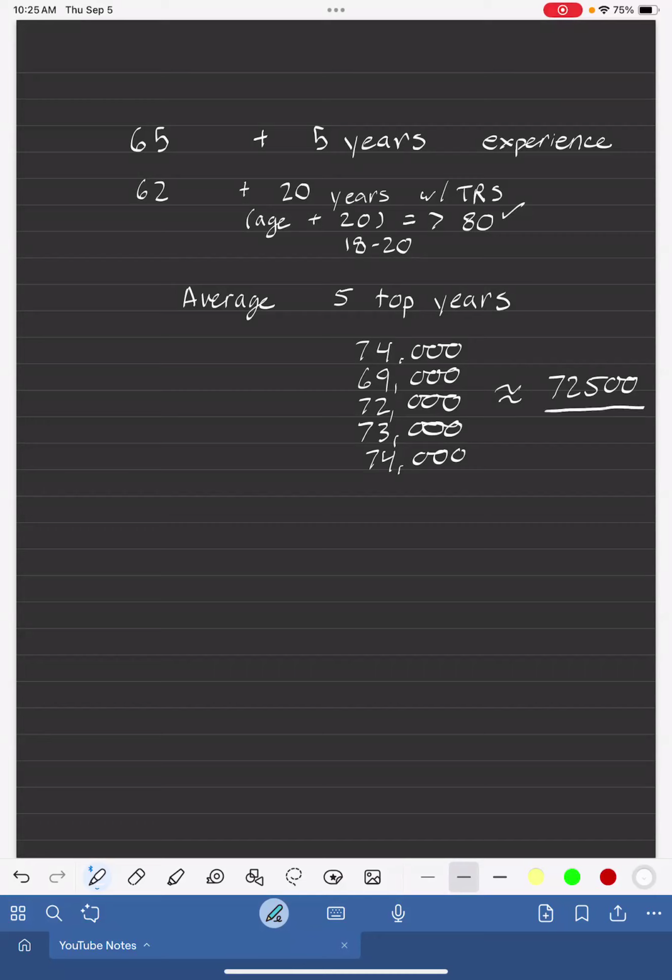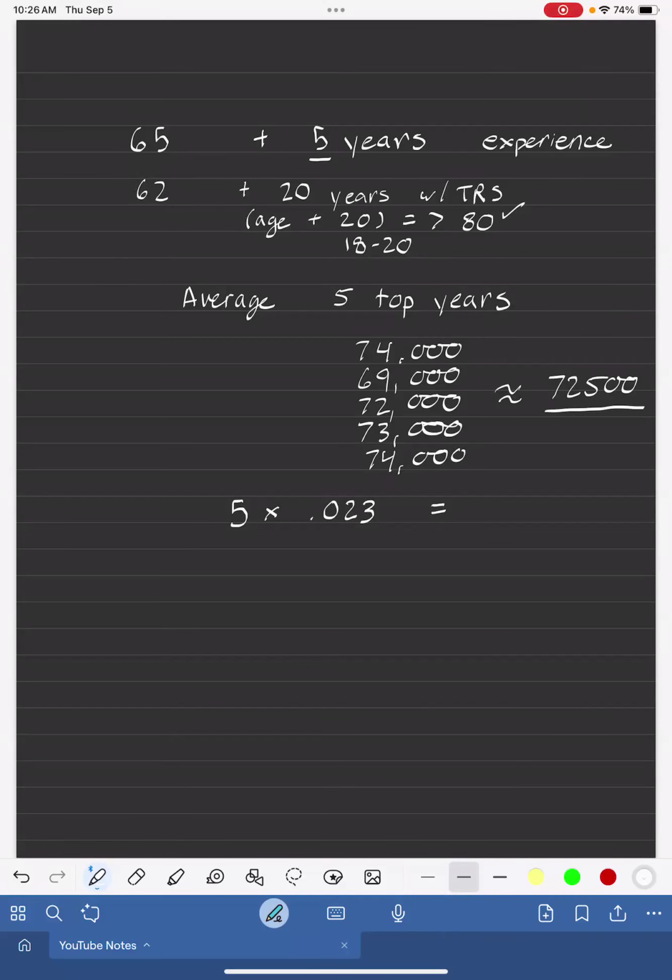All right, so now that we know what your average is, that's the key piece of information we need to know first. Then you take the number of years you taught. So let's say in the idea of our 65 plus 5 here. So you taught for 5 years and you multiply that times 0.023, also known as 2.3%. And that would give you a number.